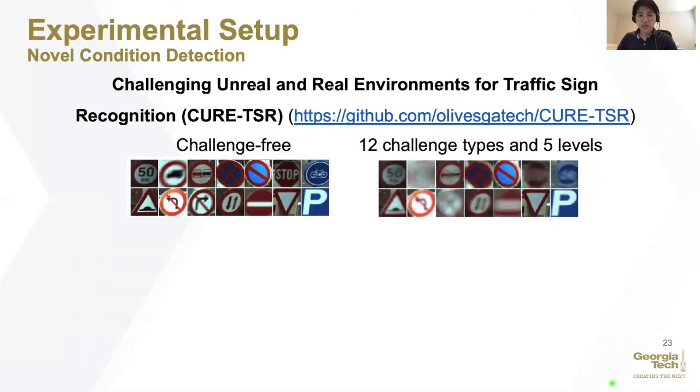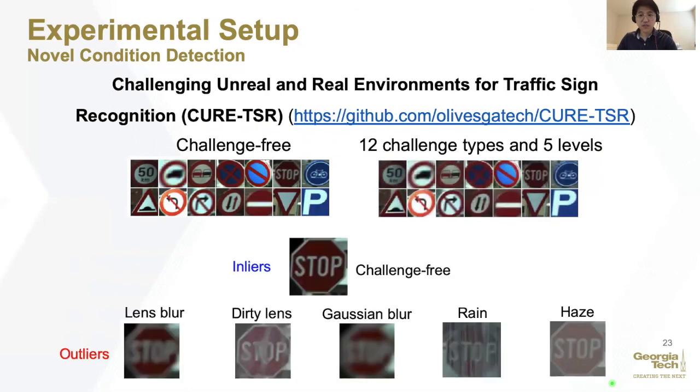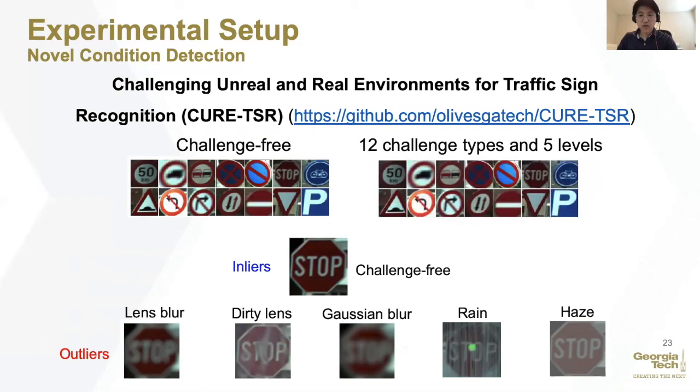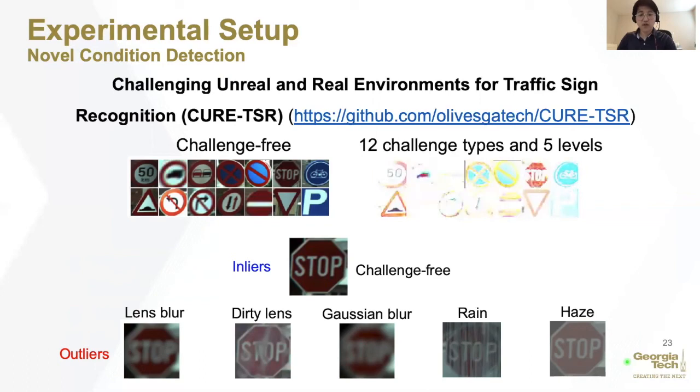In this experiment, we consider challenge-free images as inliers and images with challenging effects as outliers. We particularly use 5 different levels of 5 challenge conditions, which are lens blur, dirty lens, Gaussian blur, rain, and haze as novel conditions. These 5 challenge conditions are chosen to encompass acquisition imperfection, processing artifact, and environmental challenging conditions.